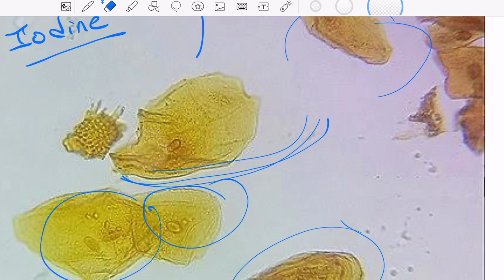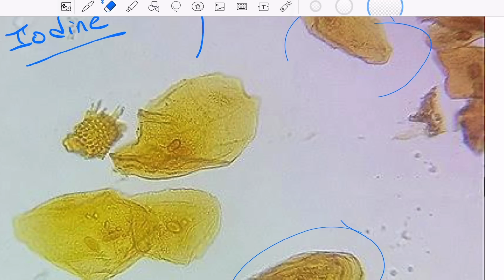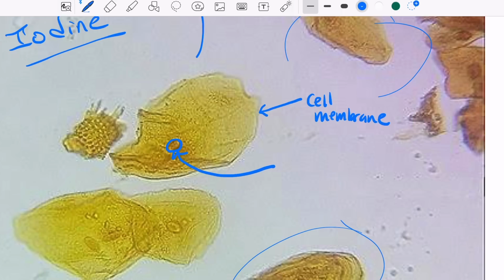So we're going to label this beautiful cell right here. The outermost layer of a cell is a cell membrane. This structure right here is an organelle called the nucleus.